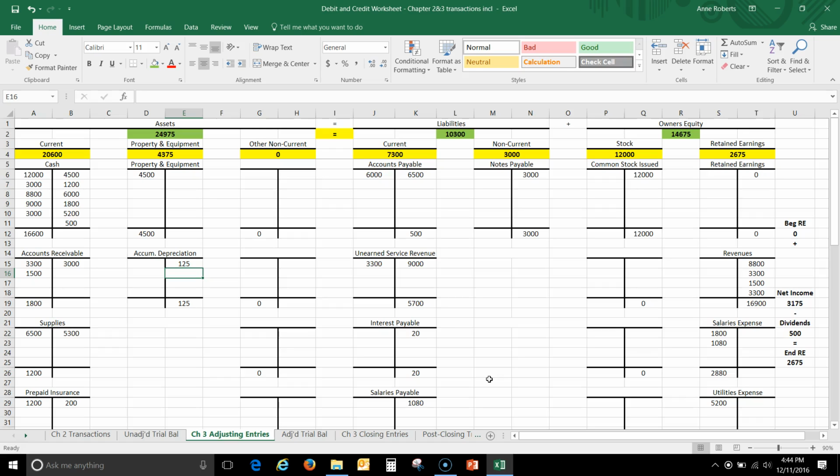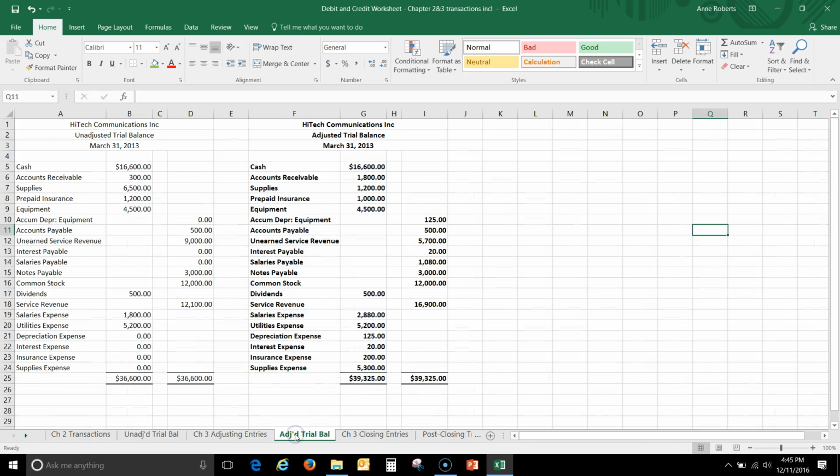Okay, so the next thing that you're going to do, once you've posted all of your journal entries, is test to make sure that all of the debits got posted as debits and all the credits got posted as credits. So if you'll click on this next tab that says Adjusted Trial Balance, you can now see what the new balances are in the accounts.